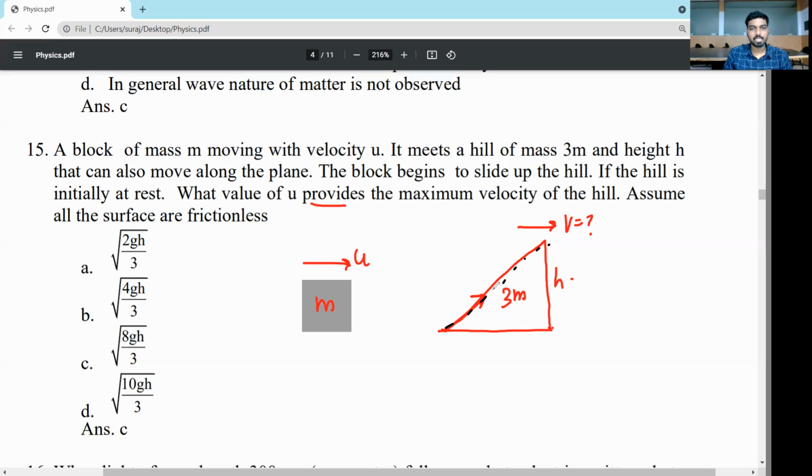If the block slides up the hill, the velocity will keep on decreasing because the kinetic energy is being converted into potential energy. But as this block tries to hit the 3m block, some of its kinetic energy will be given to it. Both will be moving with the same velocity.